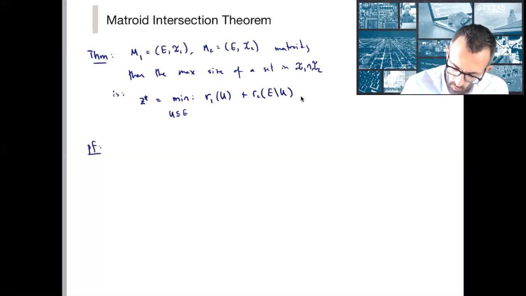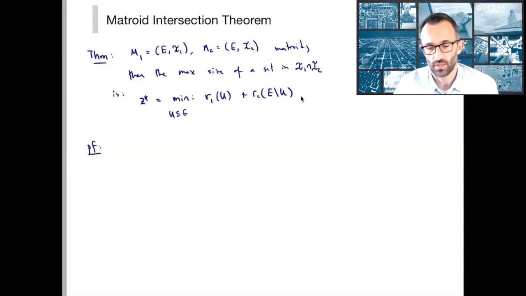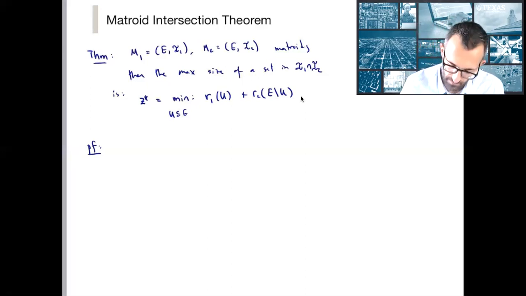So to see why this makes sense, or why we think that this might be natural, we can check that one inequality follows immediately. So this inequality is immediate, and let's just check.